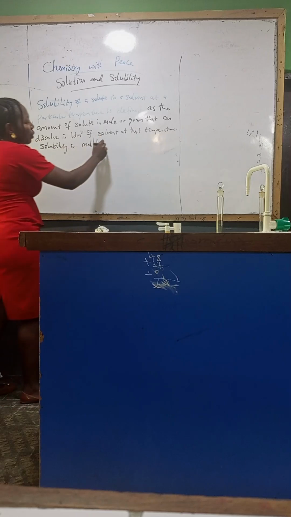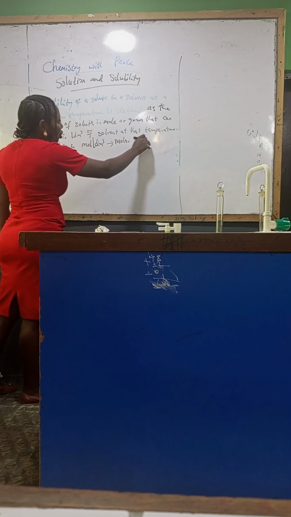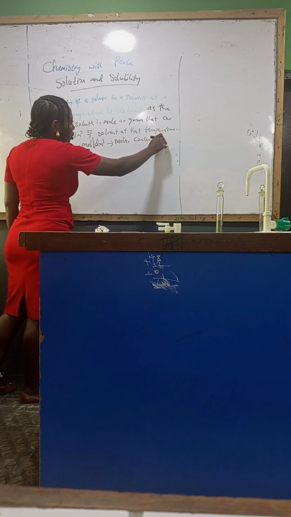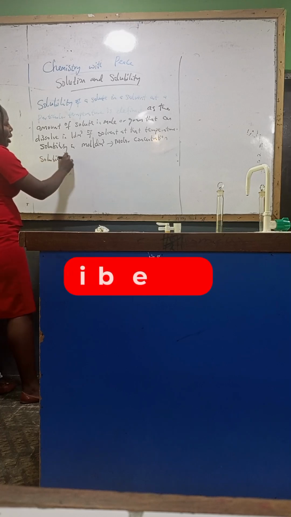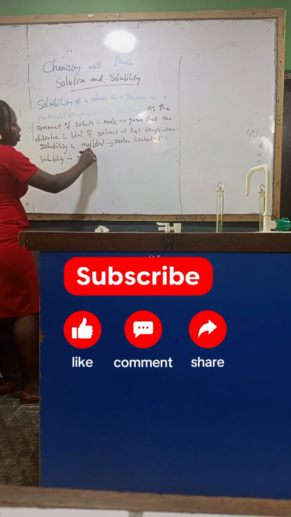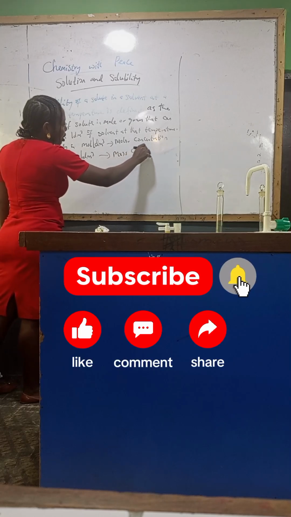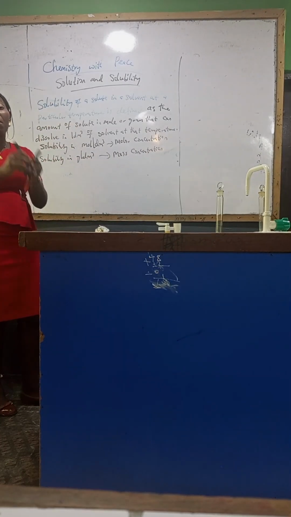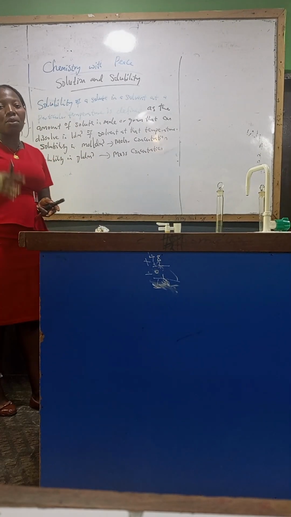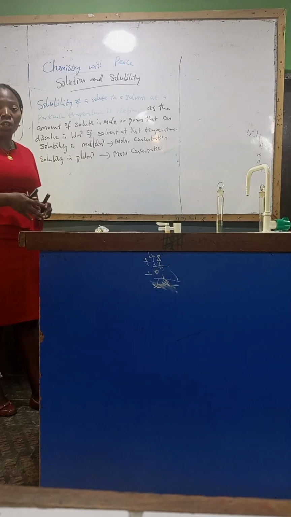Solubility in mole per dm³ is also known as molar concentration, while solubility in gram per dm³ is also known as mass concentration.